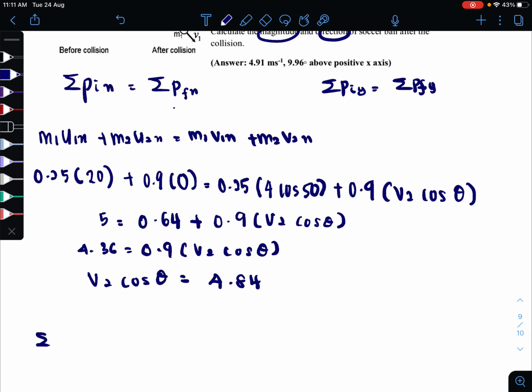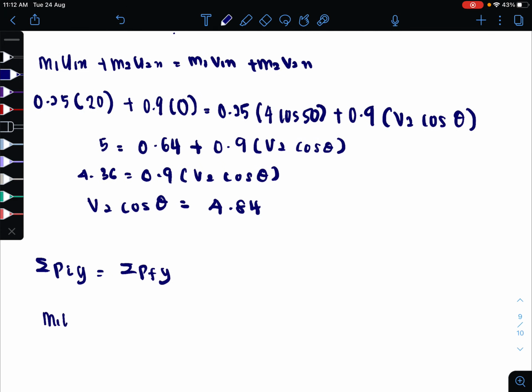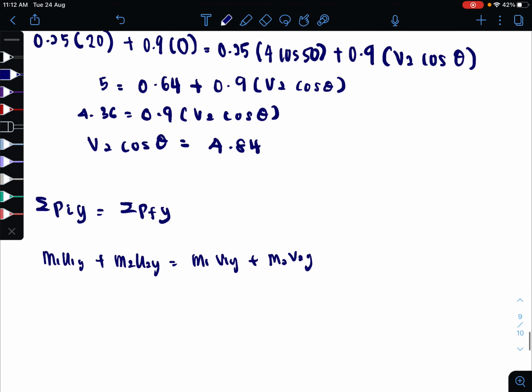So next, what we are going to do is enter the Y component. Initially along Y sama dengan final along Y. So we are going to have M1 U1Y plus M2 U2Y is equals to M1 V1Y plus M2 V2Y. So what happened here is your M1 adalah 0.25.